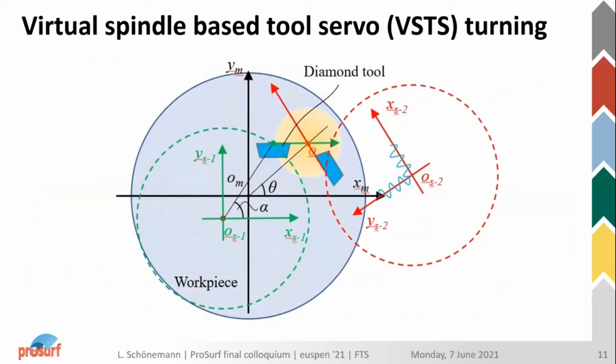The general approach of this VSTS turning is that you establish a virtual rotational axis somewhere on your turning lathe and have all the axes work in cooperation with each other, so that the rotation of the main spindle and the linear axis just coincide in a way that you have a virtual turning center somewhere on your workpiece.